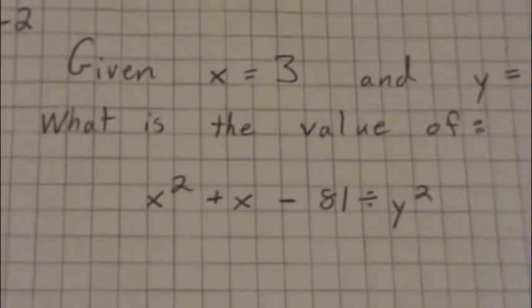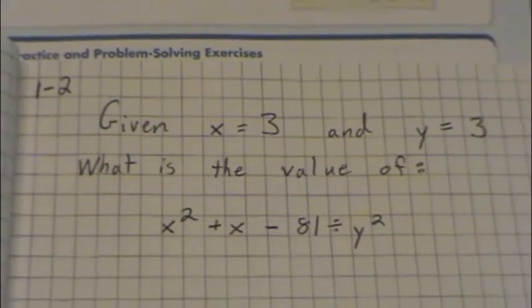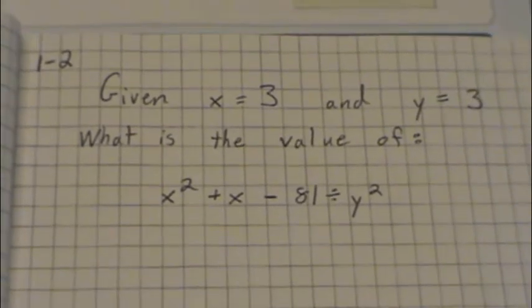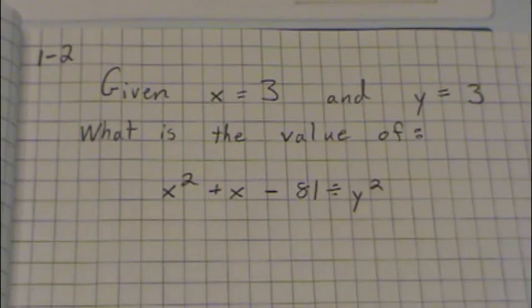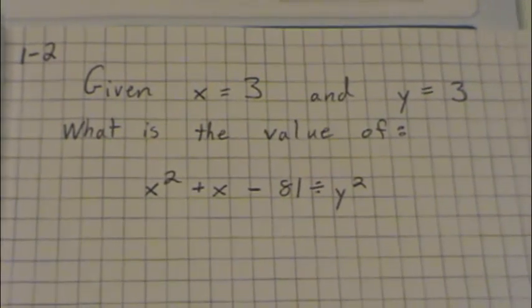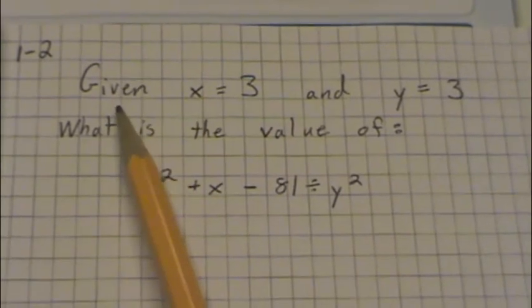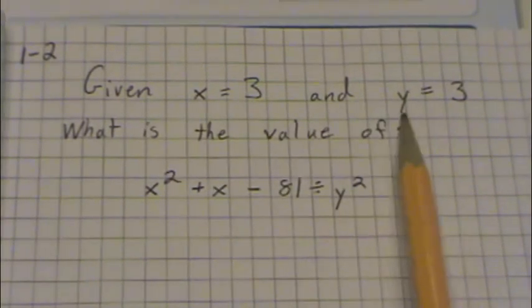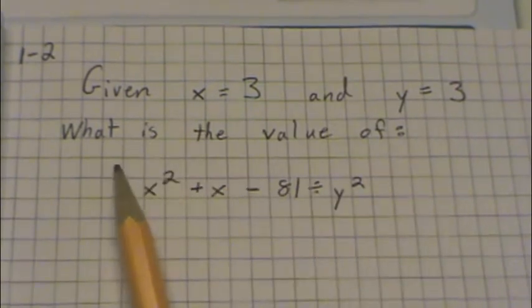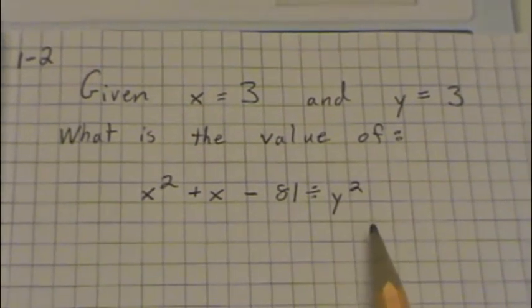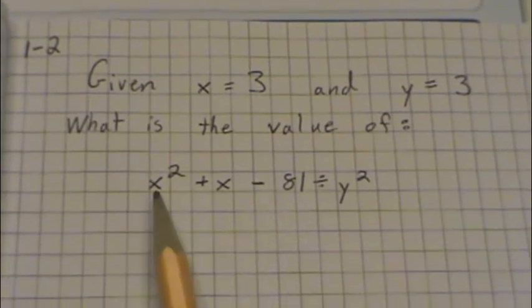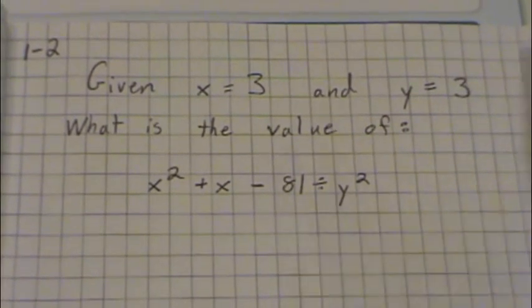Okay, we are moving on to problem 3. And I am zooming out so that you can see this whole thing. Again, I'm giving you numbers slightly different from the book so that you can have extra review from the book if you like. If I tell you that x is equal to 3 and y is equal to 3, and then I ask you the value of this, you're going to evaluate this algebraic expression.